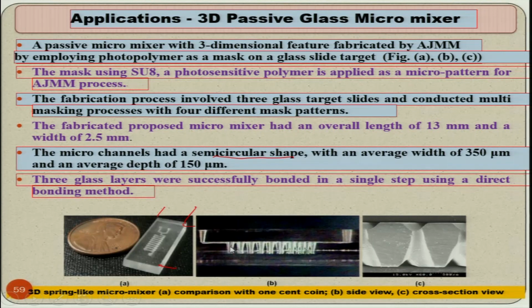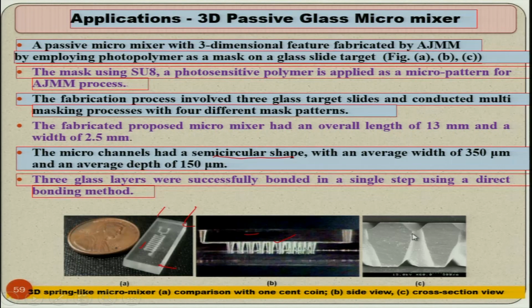Side view, this is the side view of the micromixer. If you take the side view of this micromixer over here, then you will find that it will look like this. This is the top part and this is the sectioned part of this particular mixer. Now, you can clearly see it is a tapered one, mixing fluids are there, here the fluids will be mixed over there, and this is the cross sectional view of this particular one.